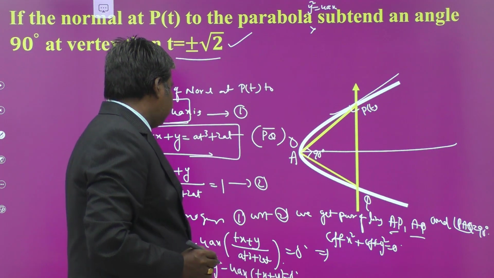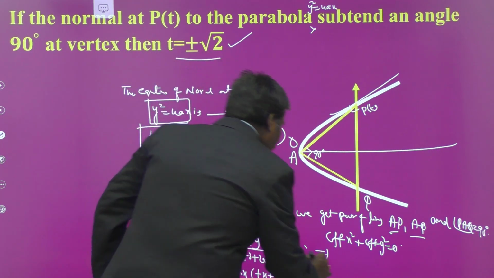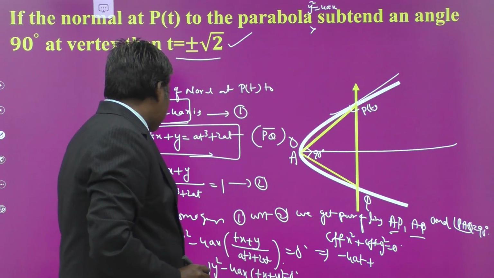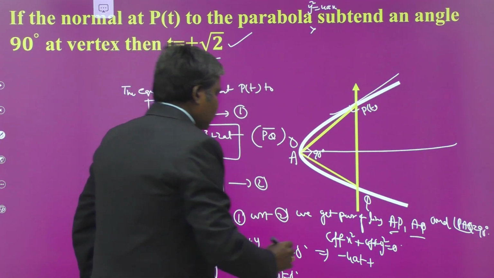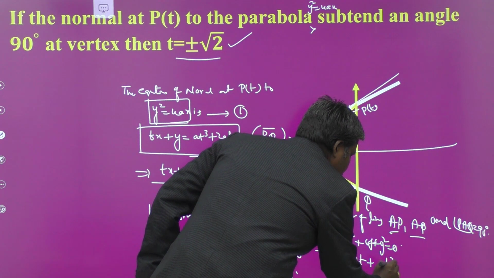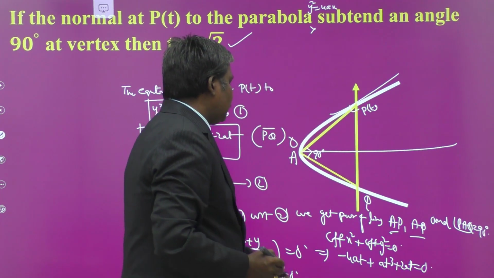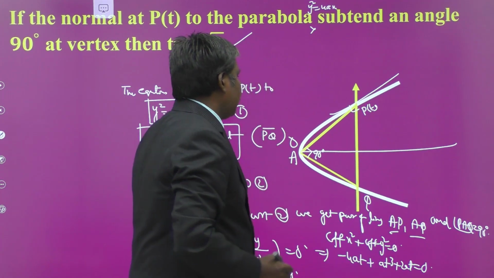Minus 4at. Minus 4at plus what is the coefficient of y square? at cube plus 2at is equals to 0. We mean at cube is equals to 2at.